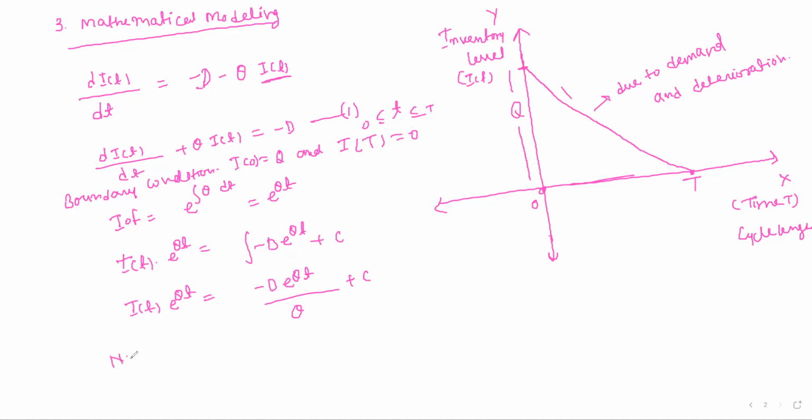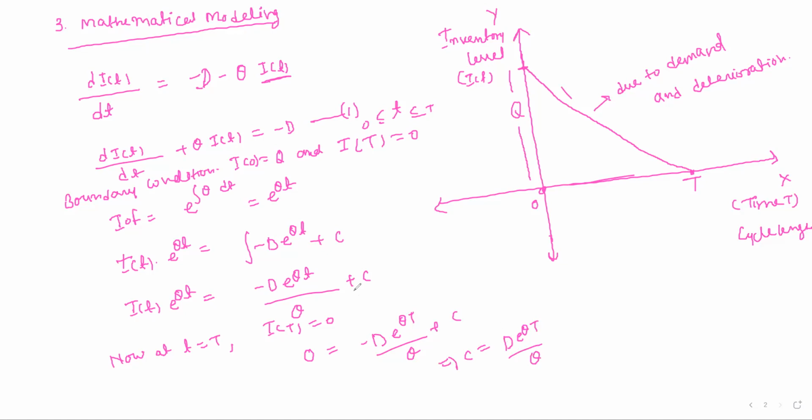So now at t equals T, I(T) is 0. So from this we get 0 equals minus D e to the power theta T upon theta plus c. So this implies that c equals D e to the power theta T upon theta.